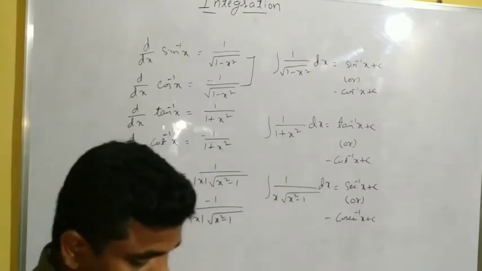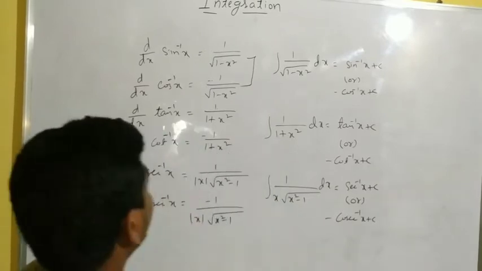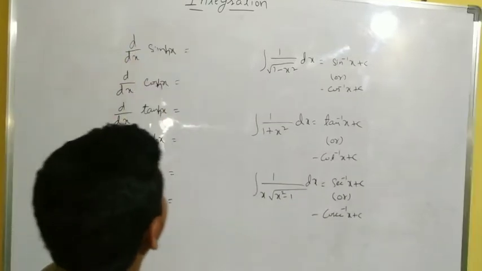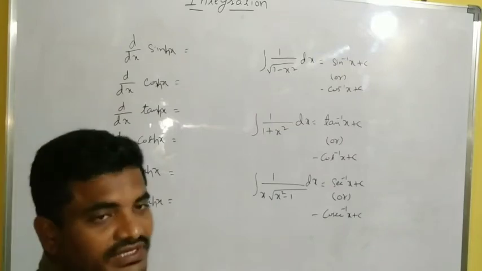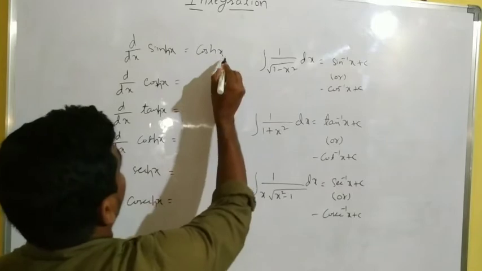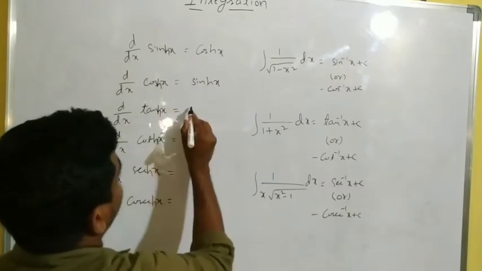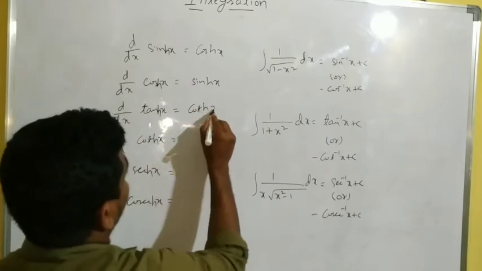And next we have hyperbolic functions. We can take hyperbolic functions like d by dx of sin hx equals cos hx, and this is sin hx, and this is cot hx.